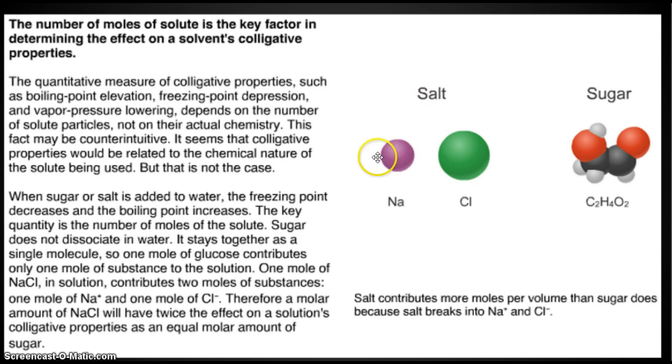Salt completely breaks into the Na and the Cl ions, and so you have a mole of Na and a mole of Cl. Just like if this broke apart, you would have 2 moles of carbon, 4 moles of hydrogen, 2 moles of oxygen, but it doesn't. So this stays as one big clump, so you have 1 mole of these, whereas with salt, you have 2 moles because basically it's split in half. You started out with 1 mole, but now you have a mole of these, a mole of those.